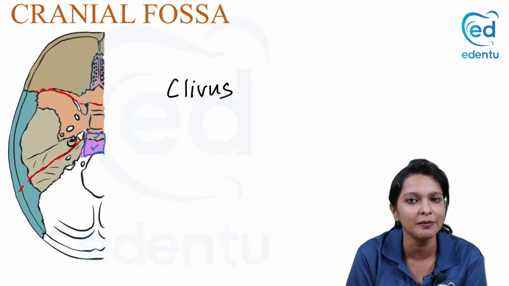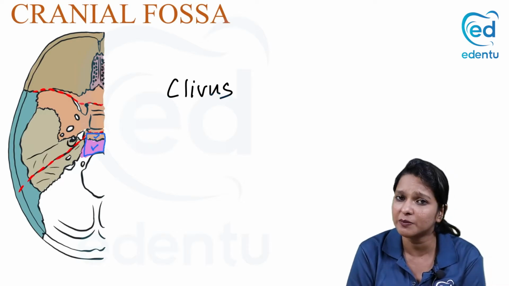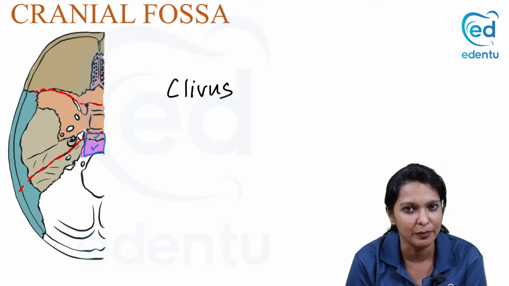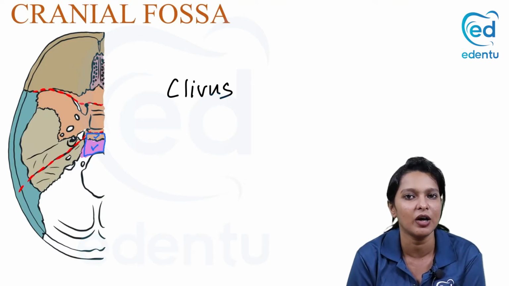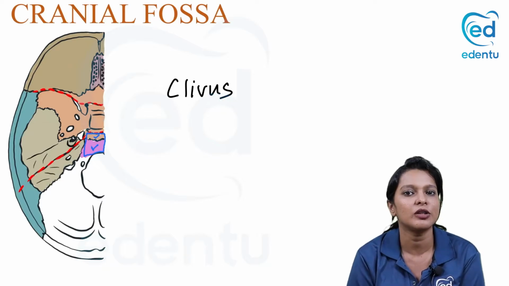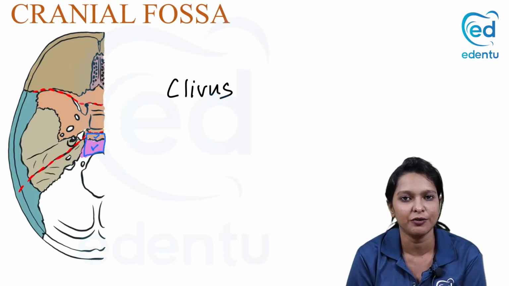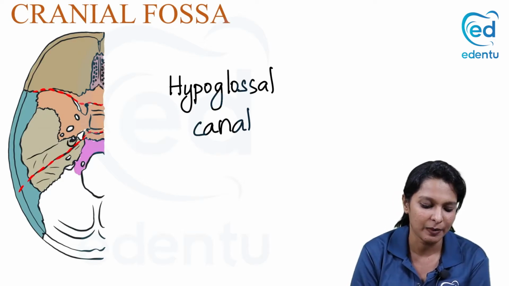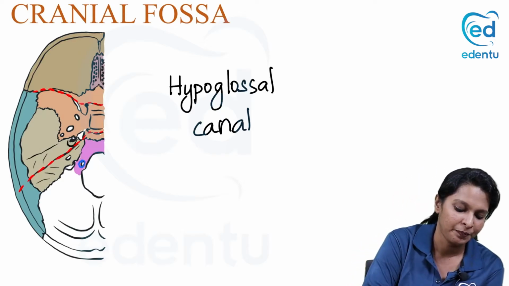The brain stem sits on this part. What is brain stem? It consists of three portions of brain called as midbrain, pons and medulla oblongata. So that will rest on this part of the bone called as clivus. And the next part here you can see a foramen, on either side of the larger foramen.